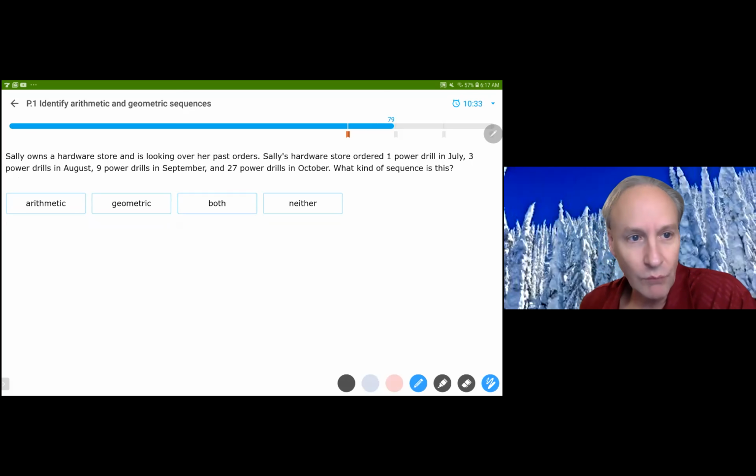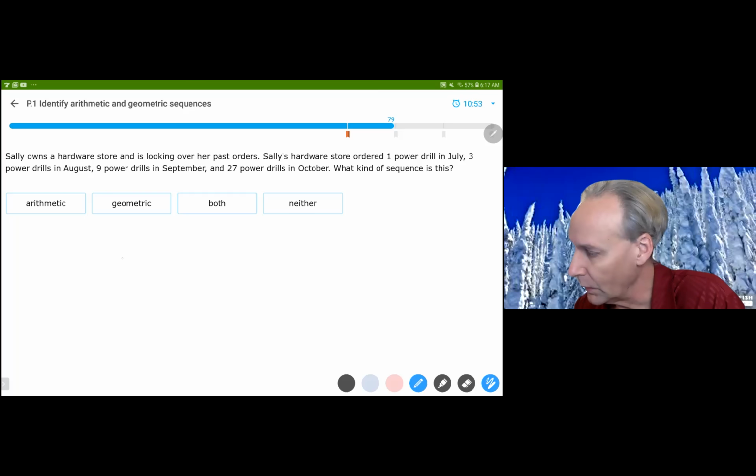All right, so we have one. Well, I don't think the timing matters as much as the sequence. So let's just look at it: one power drill in July, 9 in August. No, 3 in August, sorry. 3 in August, July, August, then it should be September.